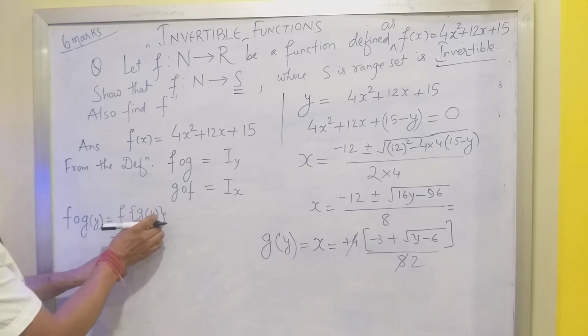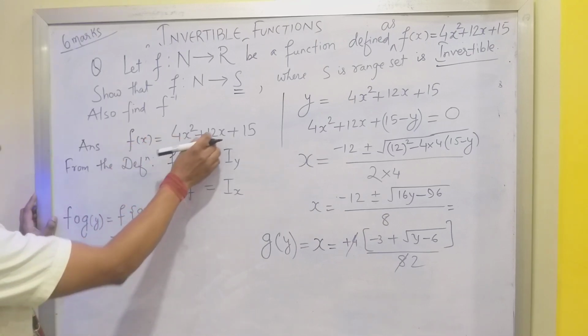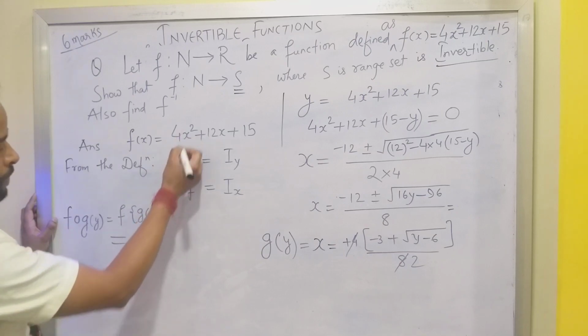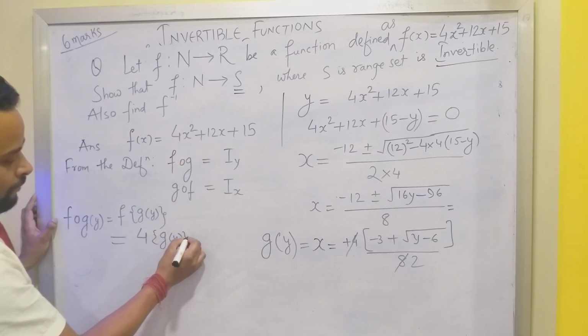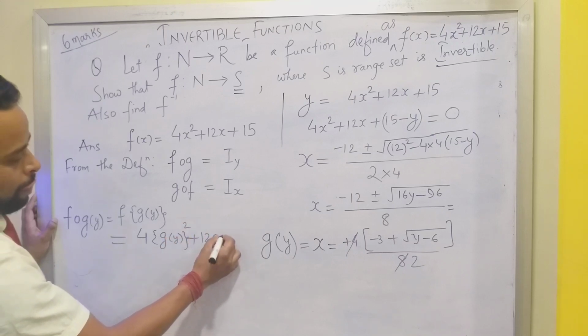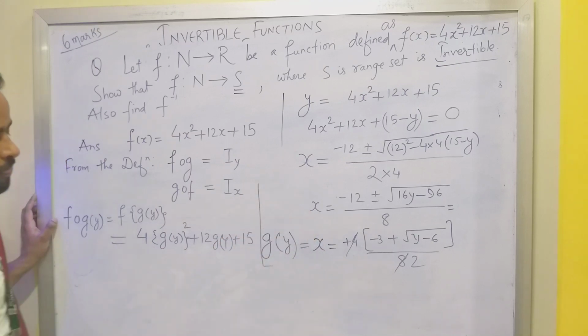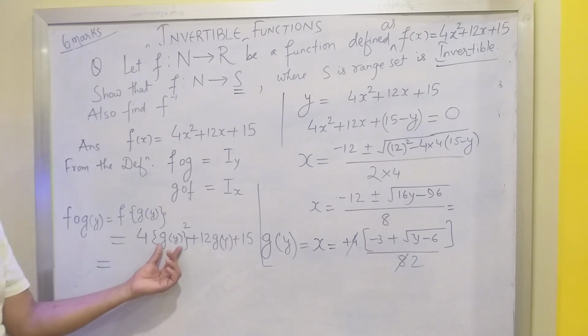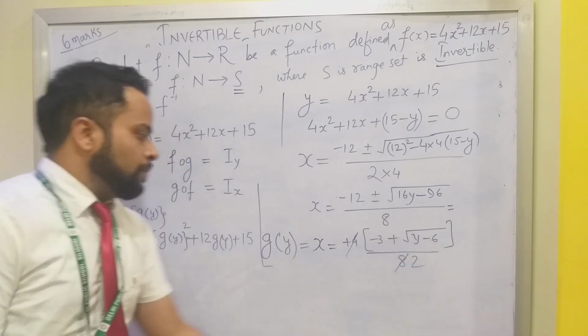Think of f of x. What is f of x? f of x is 4x square plus 12x plus 15. In place of x I write g of y: 4 into g of y whole square plus 12 g of y plus 15. Fine. And now I replace this g of y with the value, root over y minus 6 minus 3 by 2.